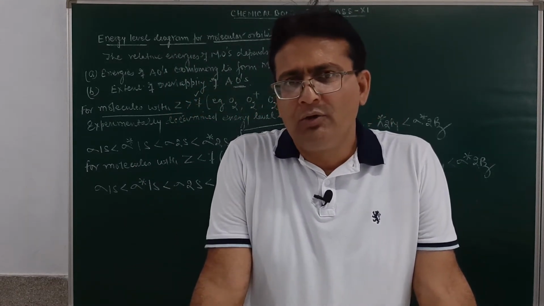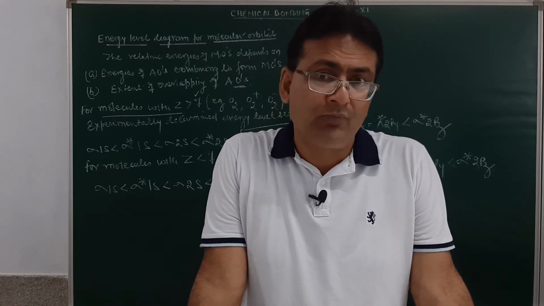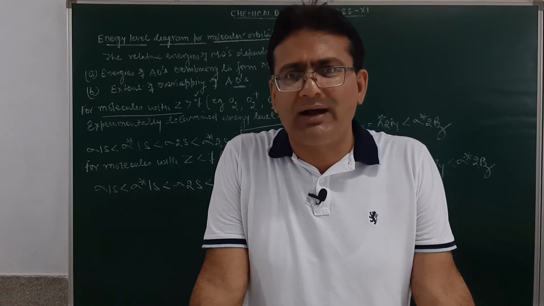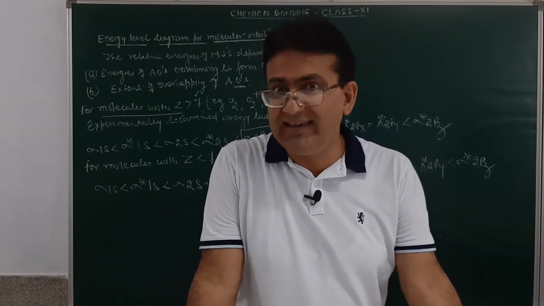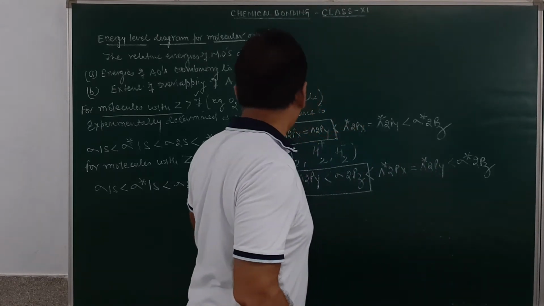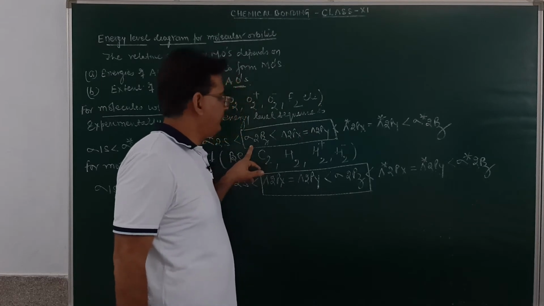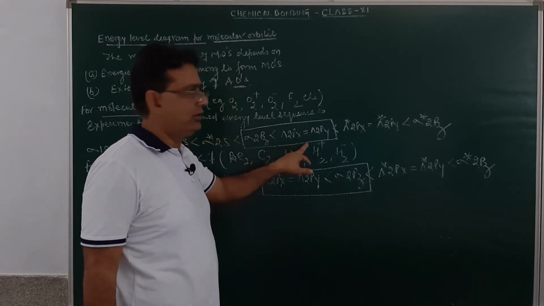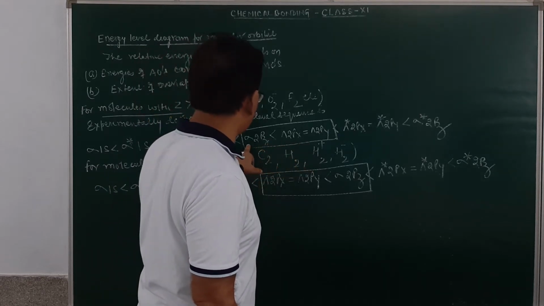Fine. What is the reason behind this? The main reason for the difference in the sequence of sigma 2pz is the interaction between sigma 2pz and pi 2px and 2py orbitals.